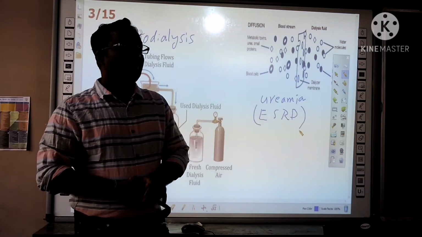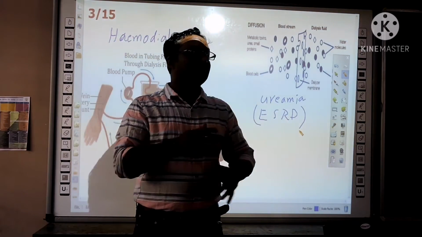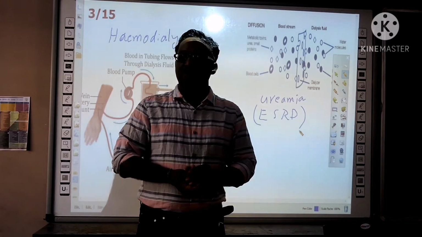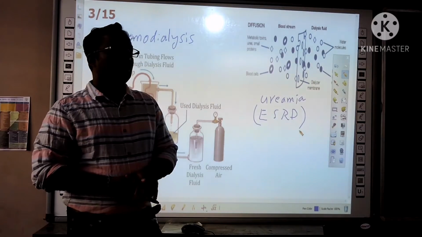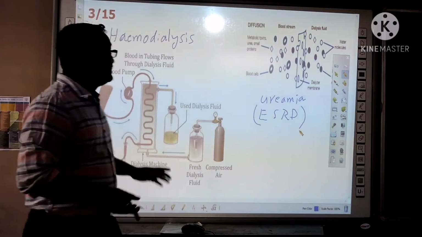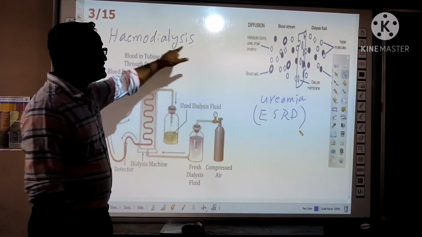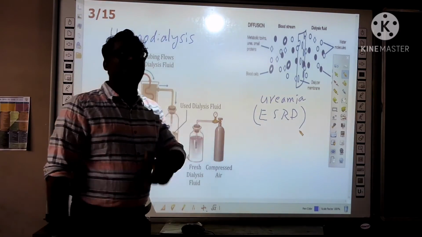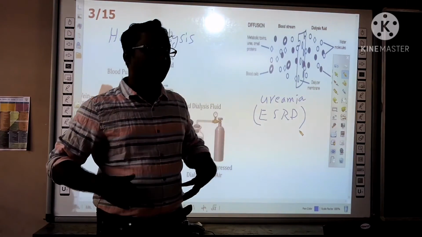For kidney patients, the blood is taken out from the body and it is purified in a machine. That is a dialysis machine. In the dialysis process, two types are there. One is hemodialysis and the second one is peritoneal dialysis. Peritoneal dialysis takes place at the stomach region.